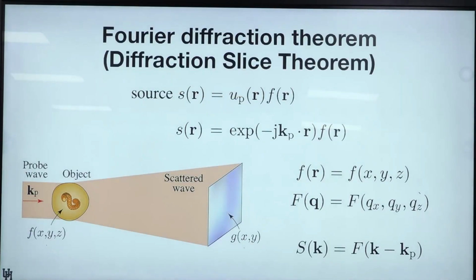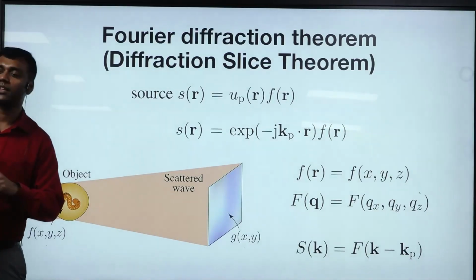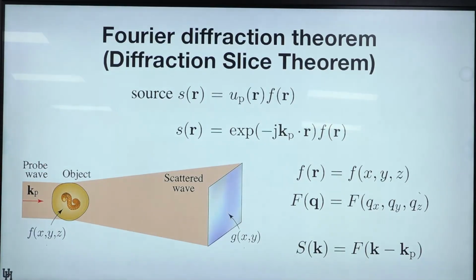Okay. Now what if the object that you are looking at is not emitting light by itself? Then what? That's the next question we will address. The way we will do that is with another theorem called the Fourier diffraction theorem, which is very closely related to the radiation slice theorem, and is also called the diffraction slice theorem.